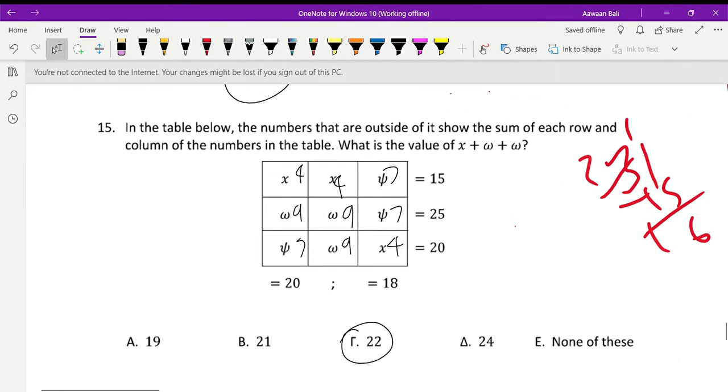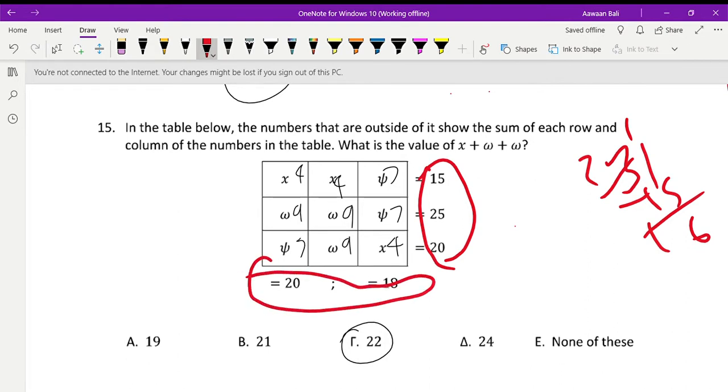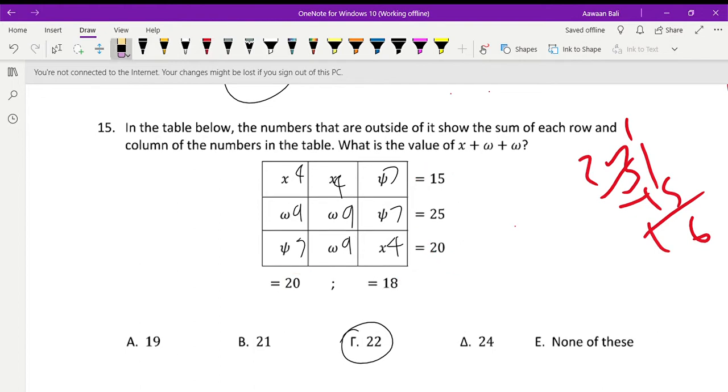Okay, so the values are listed here already. It's 4, 4, 7, and 9. Since we have small numbers, we know that we're going to be having small values.